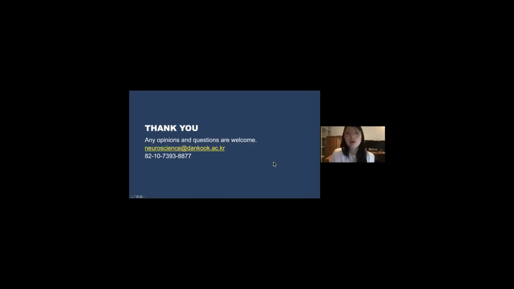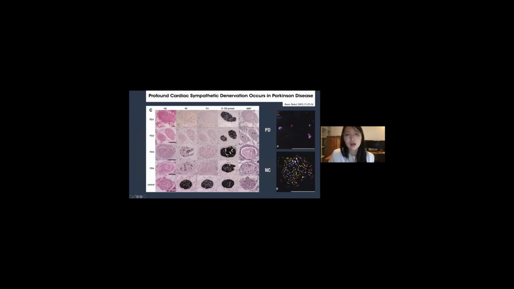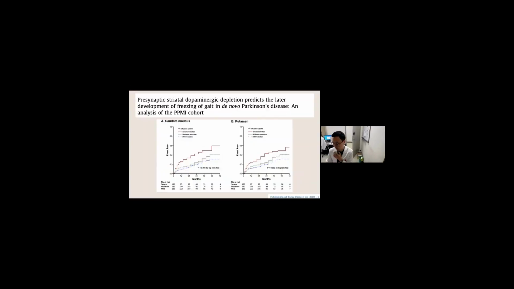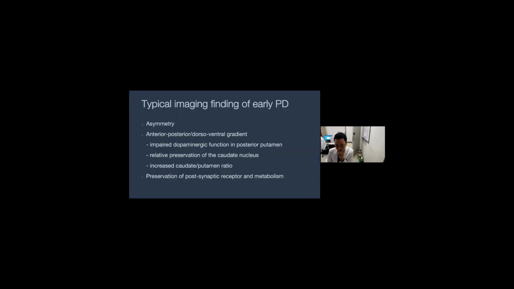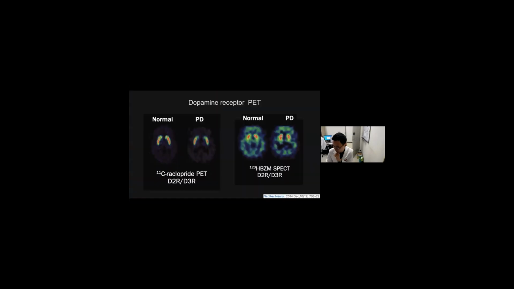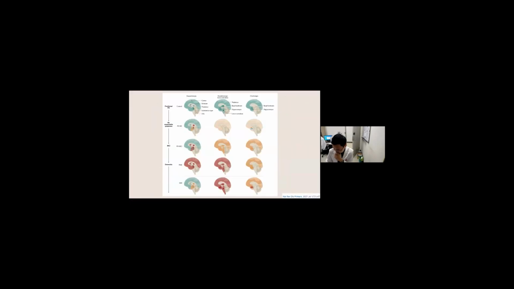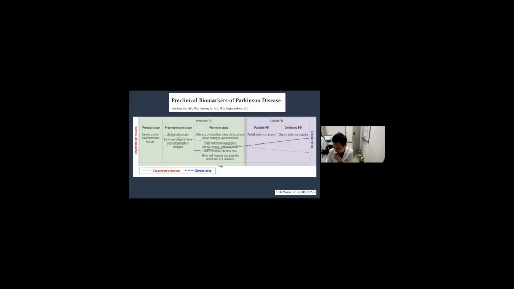Okay, for that question, I will talk with this slide. The current trend of biomarkers for the diagnosis of Parkinson's disease focuses on the preclinical stage.